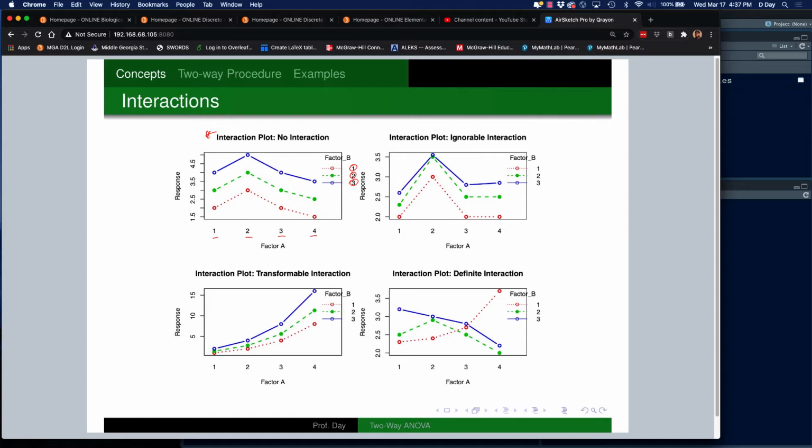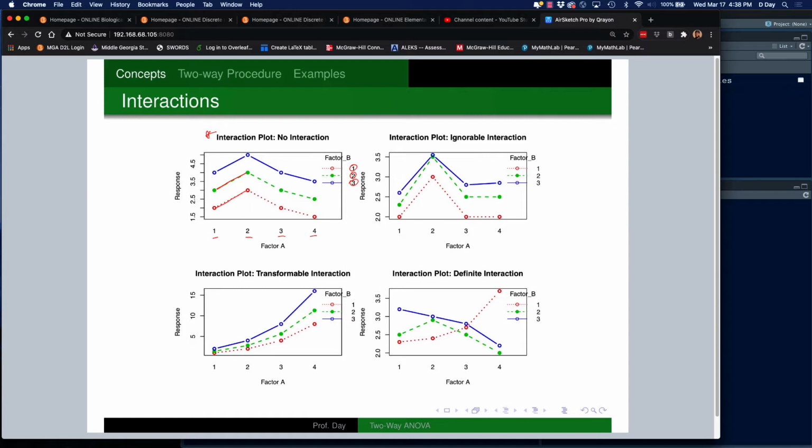And so notice that the lines here, as you go across factor A from level 1 to 2 to 3, if you go from level 1 to 2 at factor B level 1, notice that the line is pretty consistently parallel with the line going from factor A level 1 to 2 at factor B level 2. The lines are parallel between factor B levels 1 and 2.